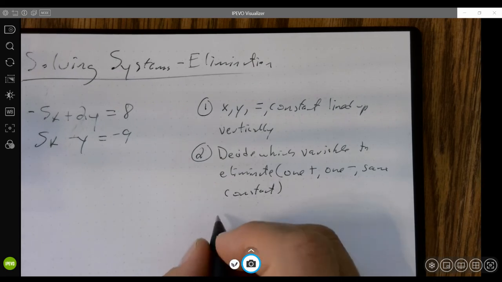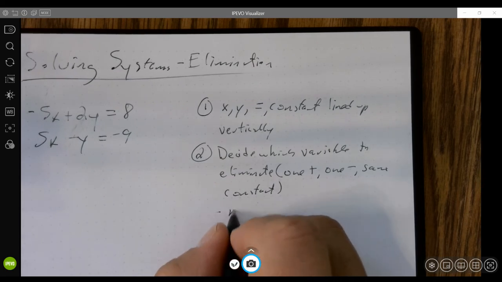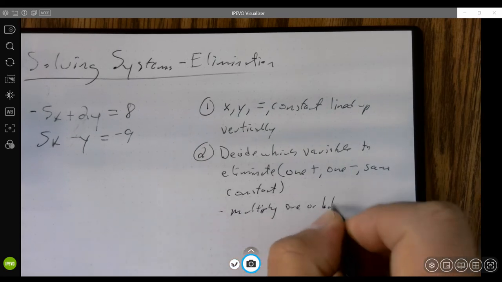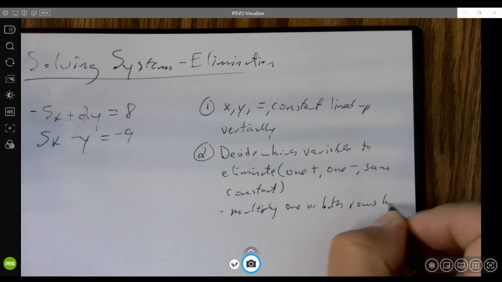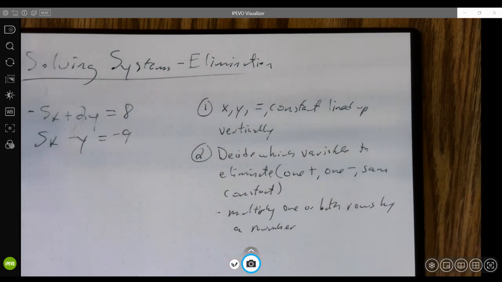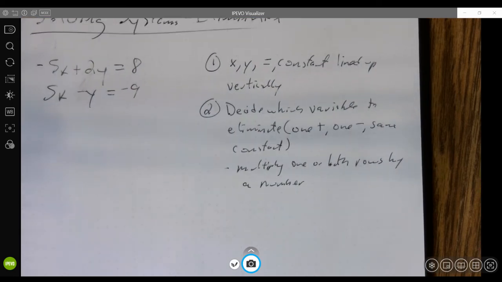Now sometimes we need to multiply one or both rows by a number so that we can make that happen. And that we'll see in some later examples. Tomorrow's is going to be the more advanced ones.